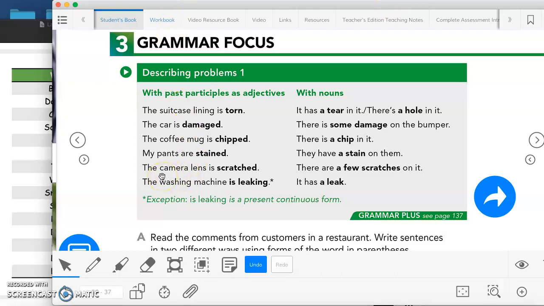So we can say that the camera lens is scratched because we're using an adjective, or we can say that there are a few scratches on it. There are, or it has. In here we have an exception, which is the washing machine is leaking, or that it has a leak.